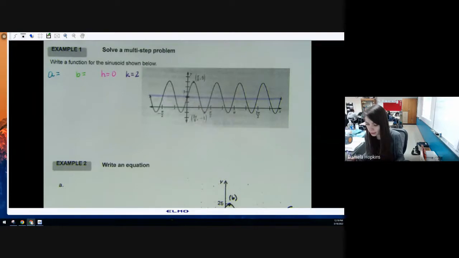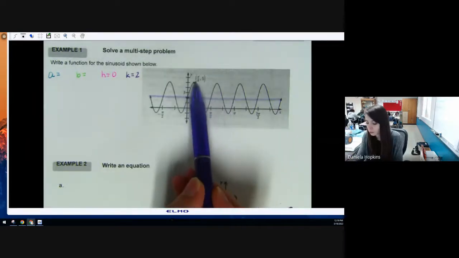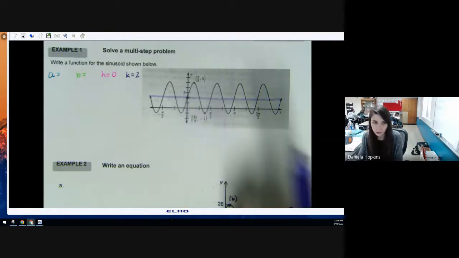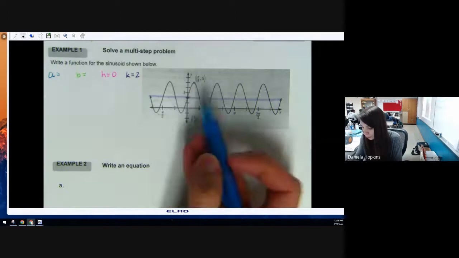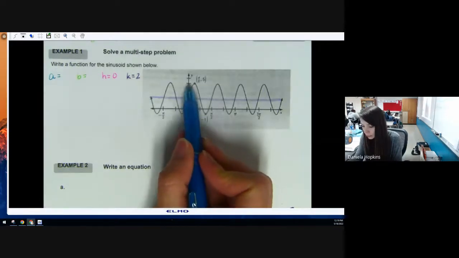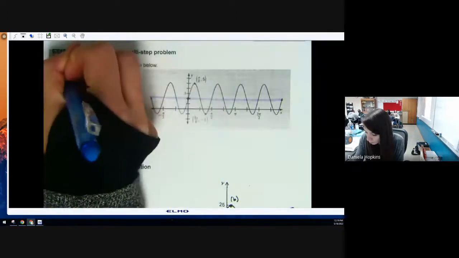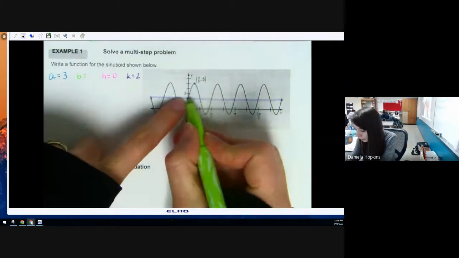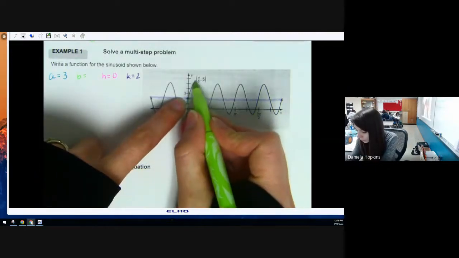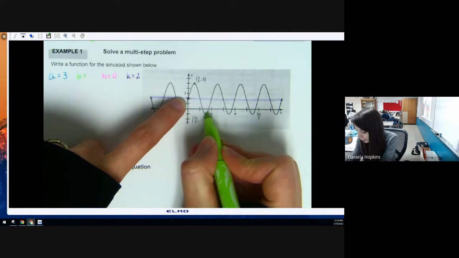I think once you have that midline, it's easy to find your amplitude. There is a mathematical way where you take the difference between the top and the bottom and divide it by 2. You can take the average like that. That works too, but we can just count it out. Once you have your midline, that's 1, 2, 3 in height. So my amplitude is 3. The period can be a little bit trickier. If you think about this point right here, it would go up to a top, down to a minimum, and then back up to here.